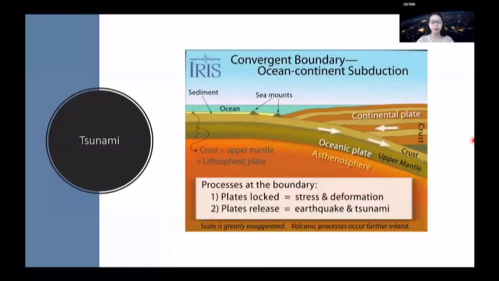From the animation, we observe how a tsunami can be generated during the collision of oceanic plate and continental plate.